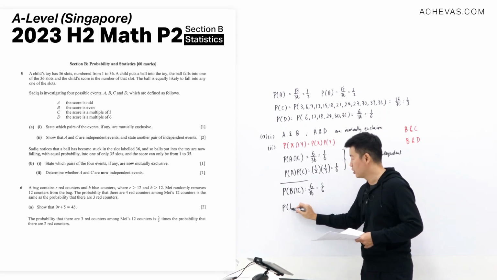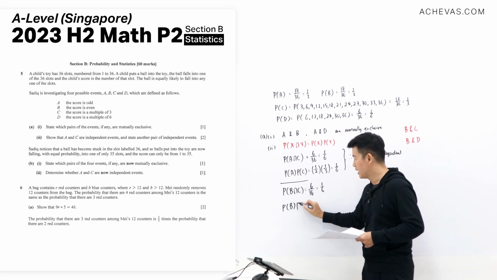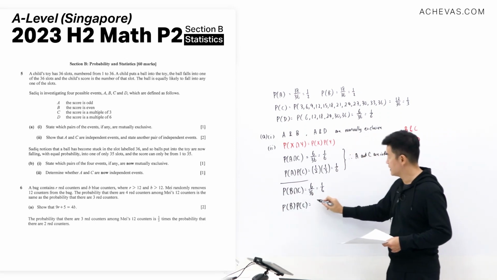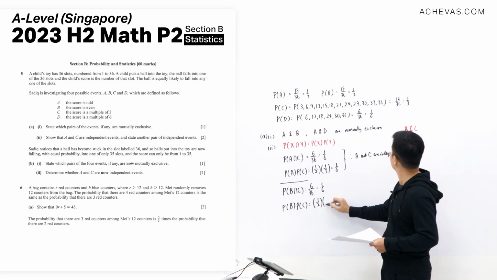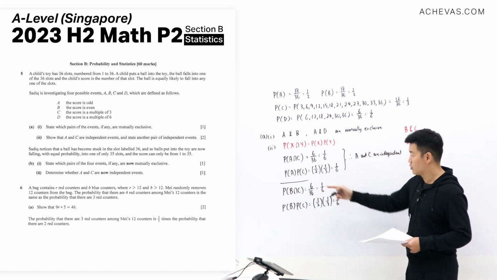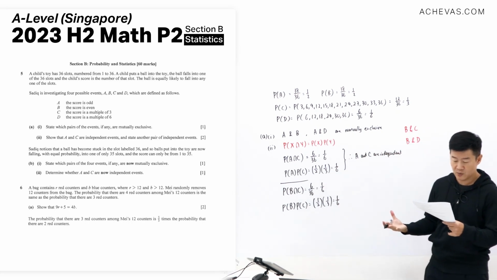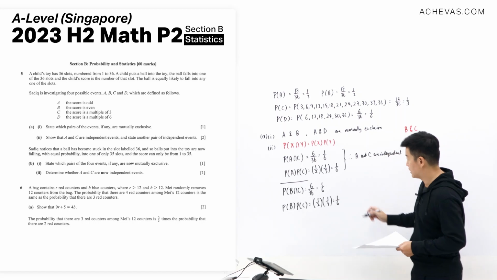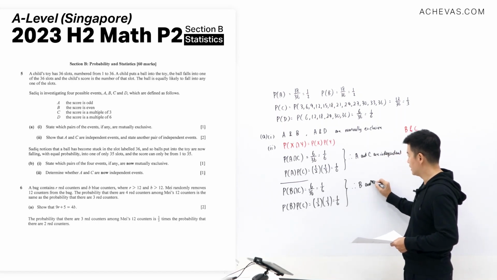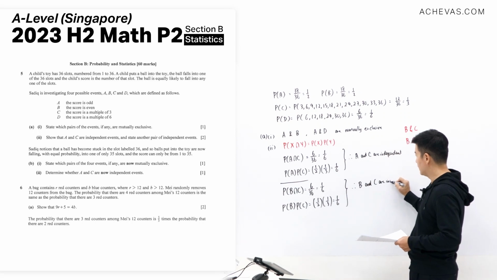Let's check the probability of B multiplied by the probability of C. The probability of B is 1 over 2, and the probability of C is 1 over 3. This is again 1 over 6. So based on this, we can say that B and C are independent.